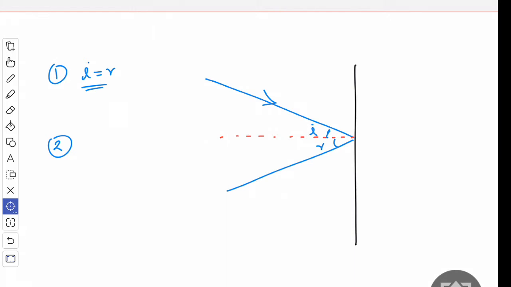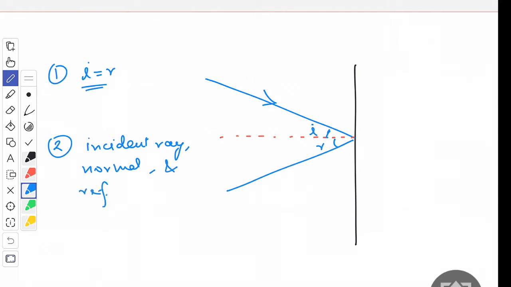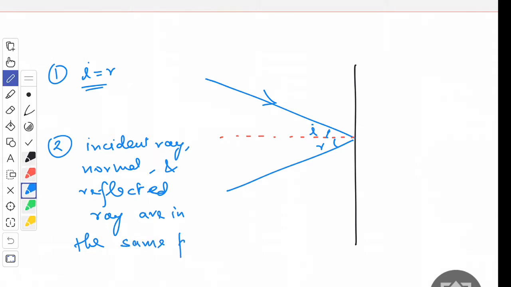And the second law says that the incident ray, normal, and reflected ray are in the same plane.